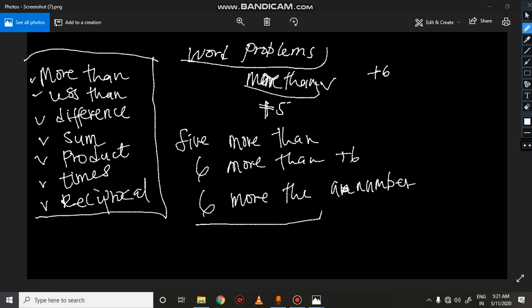So take 6 more than. 6 more than means plus 6. For a number, represent the number maybe by x. So let's take 8 more than a number.